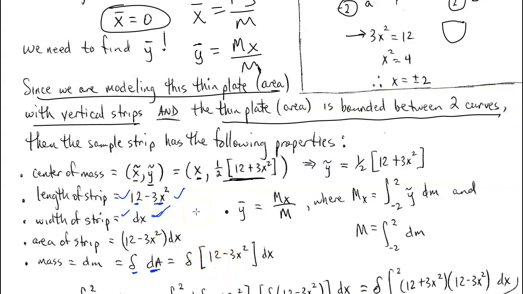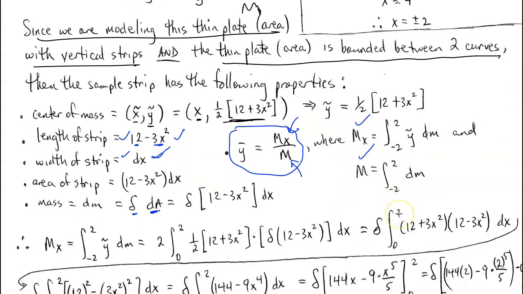And so noting that we only need to find out what the y coordinate for the centroid is by knowing what the moment about the x-axis is and what the system mass is. And of course, I have those definite integrals to find there. We can just plug everything in and go to work.